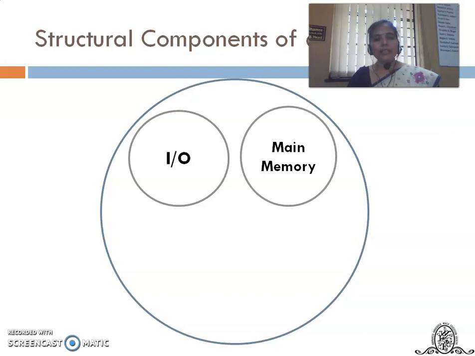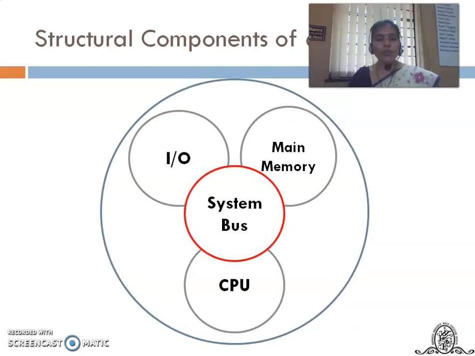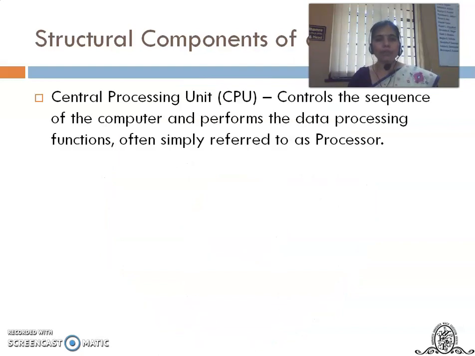The second is the main memory which is required for storing data. The third is the central processing unit which is required for processing the data, and to control all these, or to have an interconnection of all these, to have a communication between all these, we require a system bus. So these are the four main elements of a computer system.